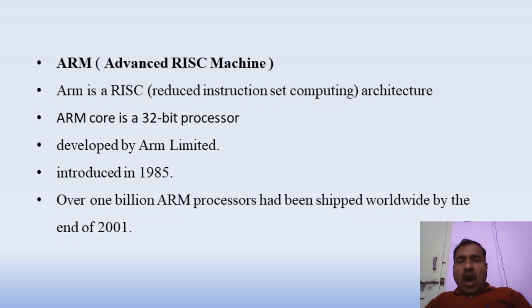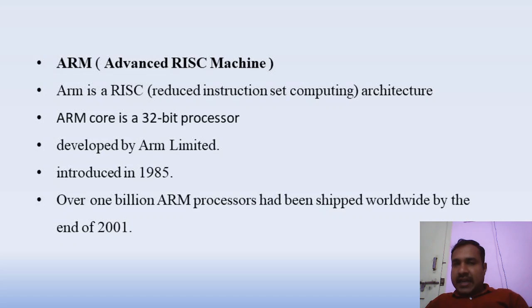So ARM stands for Advanced RISC Machine. It's a RISC machine, and some improvements have taken place in this machine. That's why it's called Advanced RISC Machine.